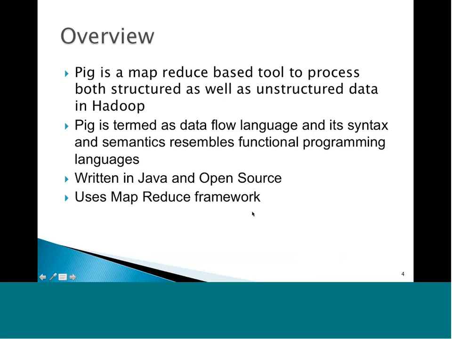It uses the MapReduce framework, which means that when you write PIG commands or PIG scripts, they will be compiled into MapReduce and executed as MapReduce jobs in the Hadoop cluster. It is the same as Hive. The only difference is Hive syntax is like SQL, whereas PIG syntax is like functional programming languages like Perl or Python.